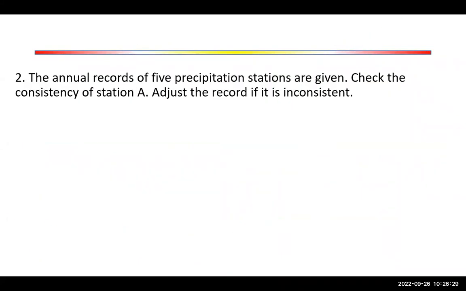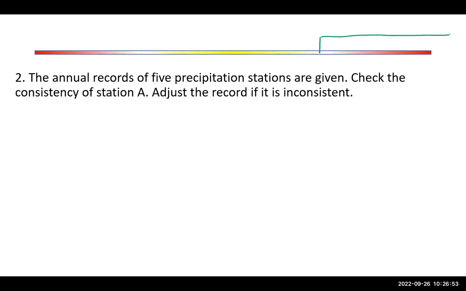Now, the annual records of 5 precipitation stations are given. Check the consistency of station A. Adjust the record if it is inconsistent. So again, in your extra credit question set, you will have all the data set. I didn't have any data set here. Suppose you have 5 precipitation stations.